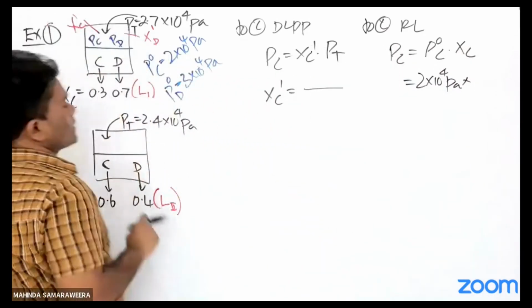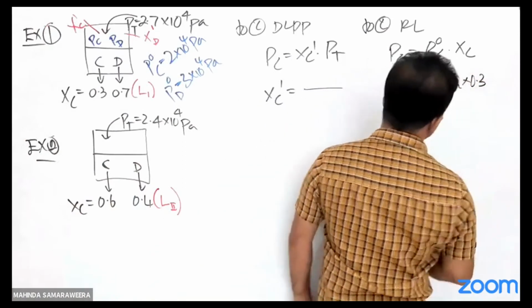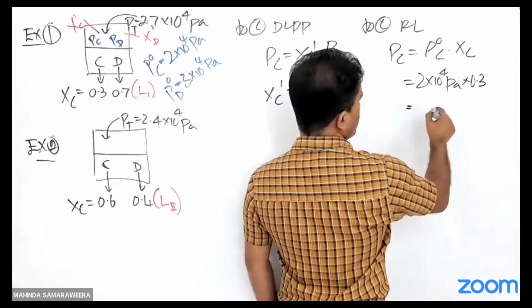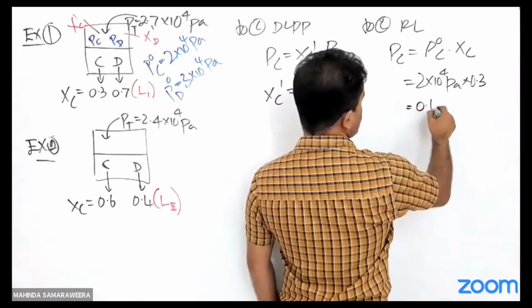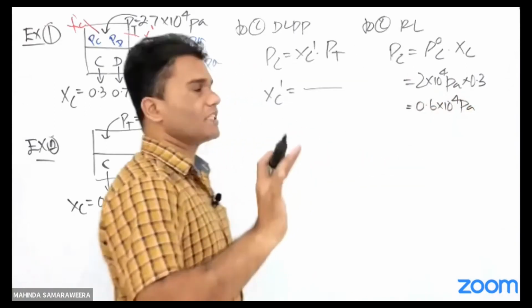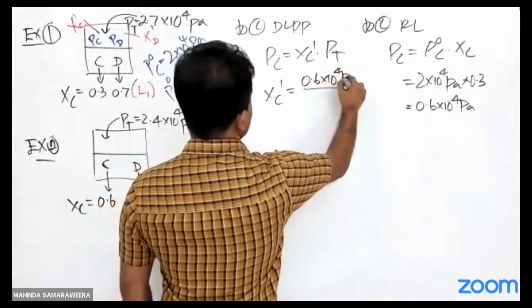We know that in the first experiment, 0.3. It's actually 0.6 × 10⁴ Pascal. That's PC.